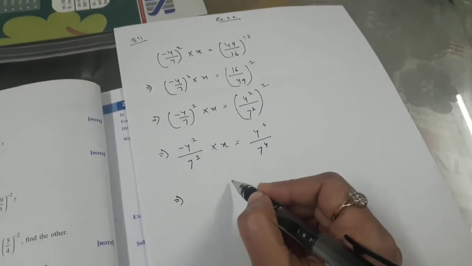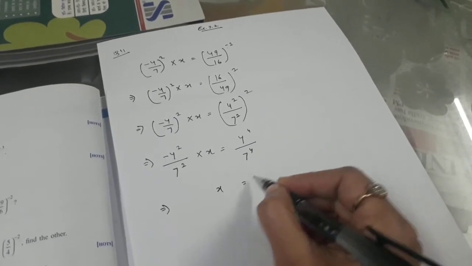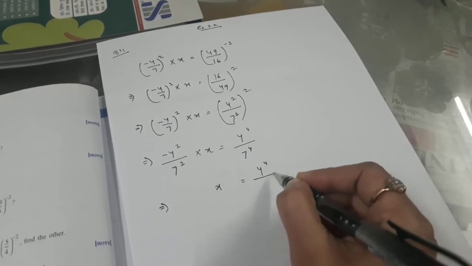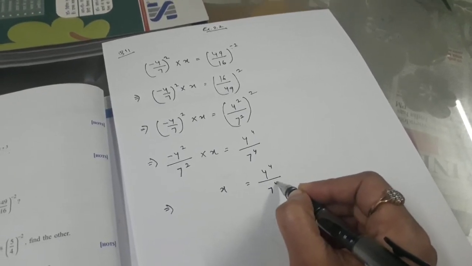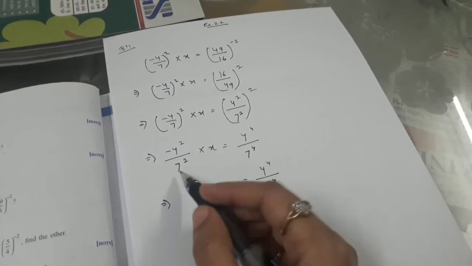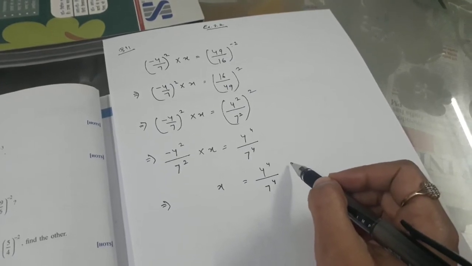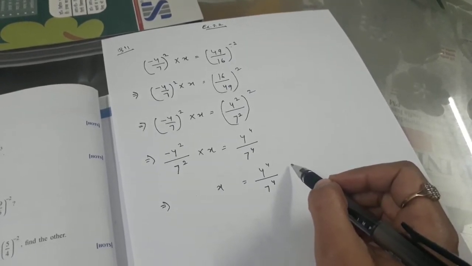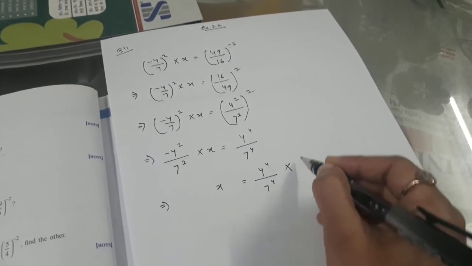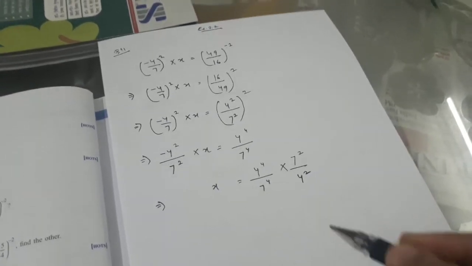In our next step, we will transpose this number to this side, that is 4 raised to the power 4 by 7 raised to the power 4, and as the number is multiplied here, it will get divided. When it gets divided, it will also get reciprocated.